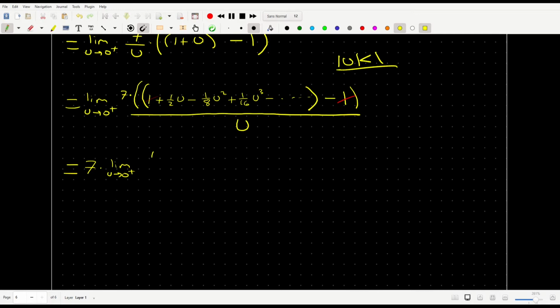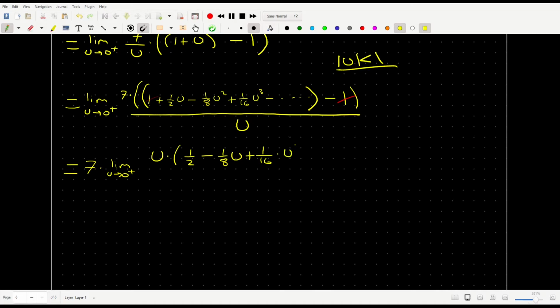So the numerator is going to become u times 1/2 minus 1/8 times u squared, with a u factored out, becomes u plus 1/16 times u cubed with a u factored out.